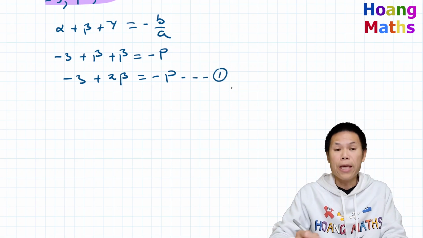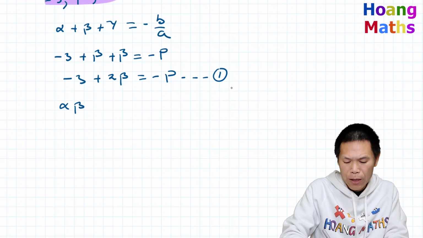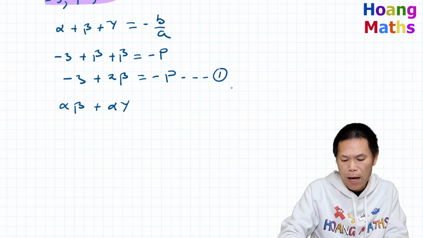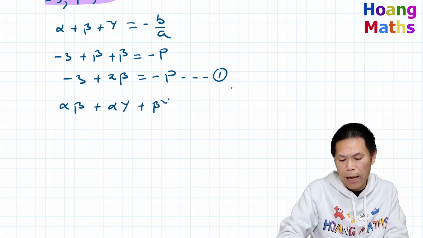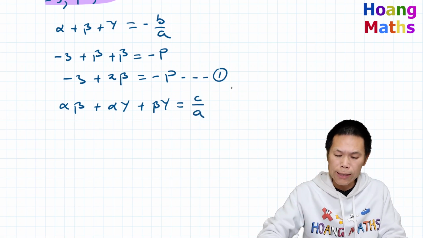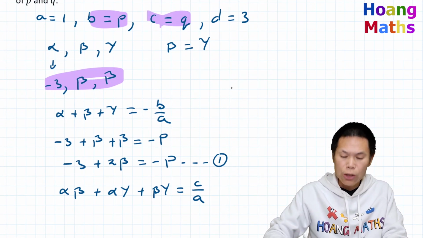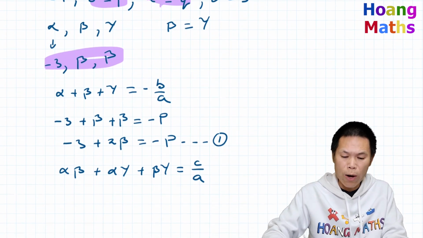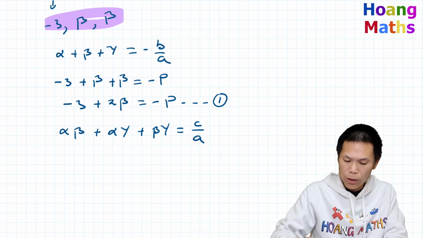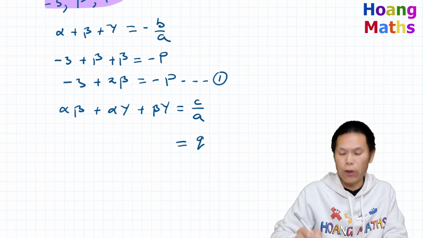The next step is we know that alpha beta plus alpha gamma plus beta gamma is equal to c over a, and c is q here. So a is 1, and q over 1 is q. Let me write q first, before I forget.